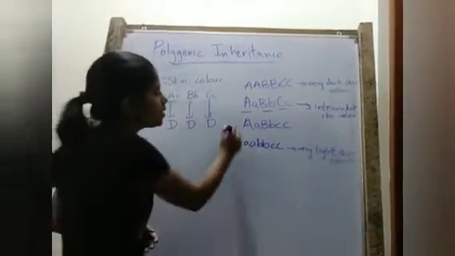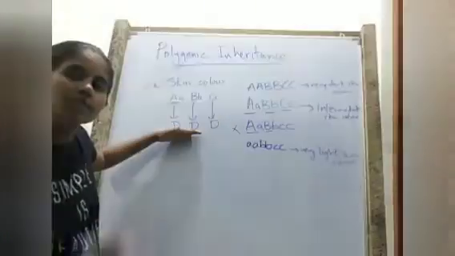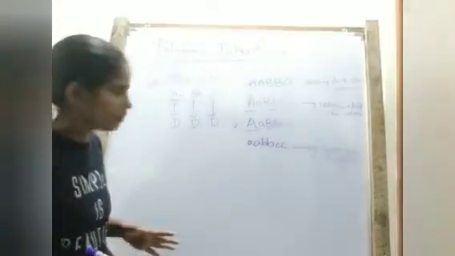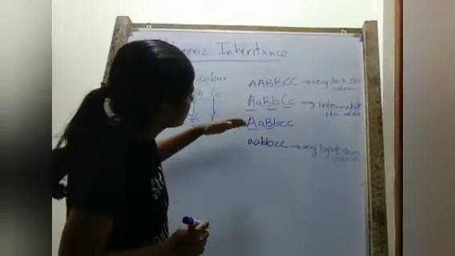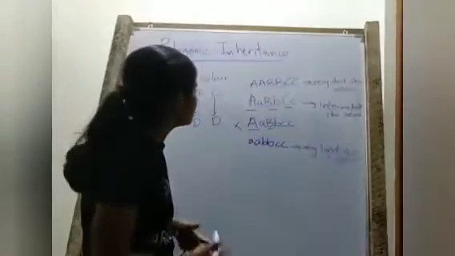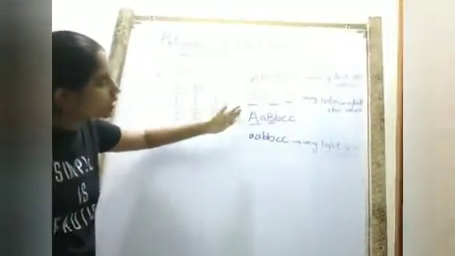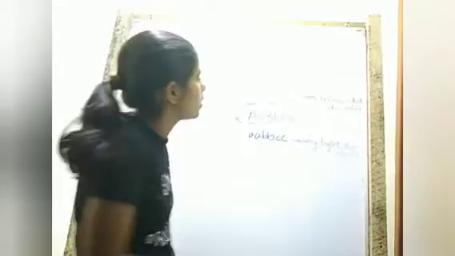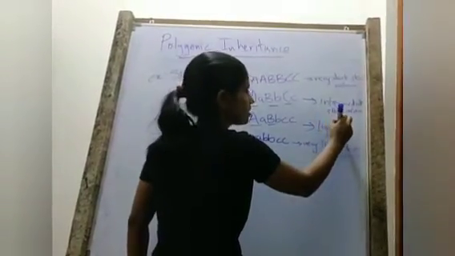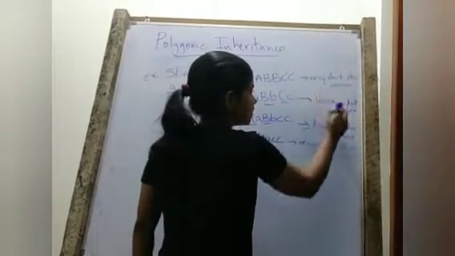If we consider this genotype, we have 2 alleles which give out 1 unit of darkness. So this has 2 units, giving only 2 dark skin alleles. So this is lighter in color than these 2 genotypes, but darker than this, a lighter skin color than these 2.